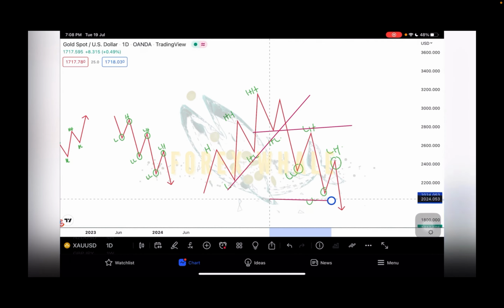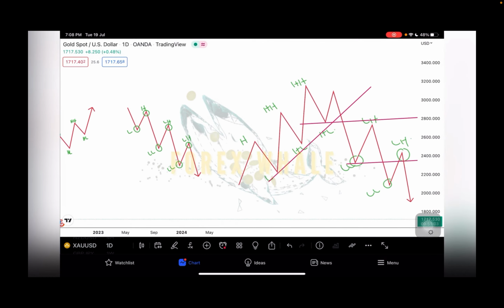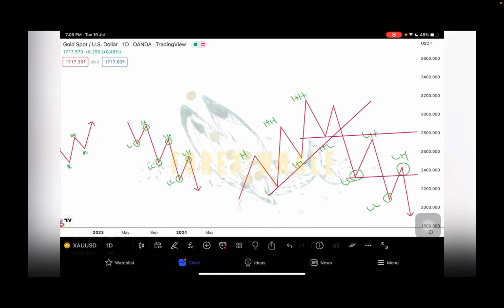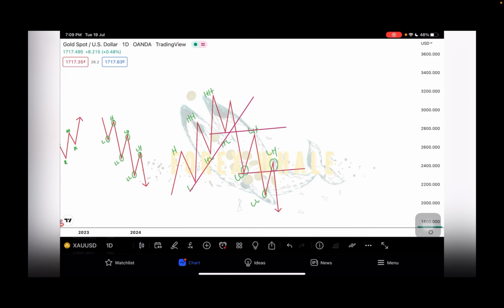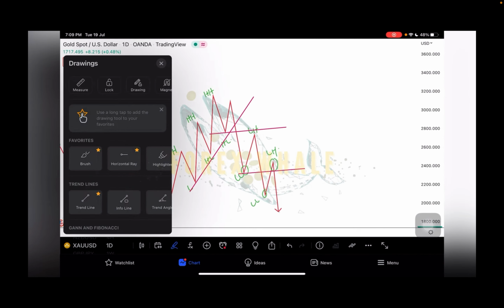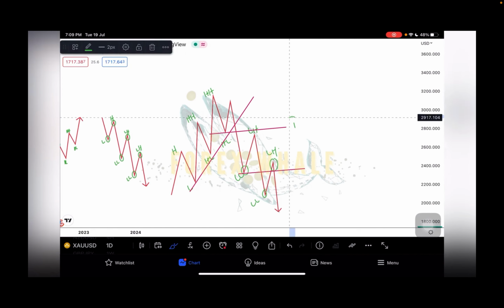Same goes with here. You can still look for a sell opportunity somewhere around here. So you can look for sell number 1 here, sell number 2 here, and if price continues to create lower lows, then you can always just hop on and sell number 3 here, no problem.